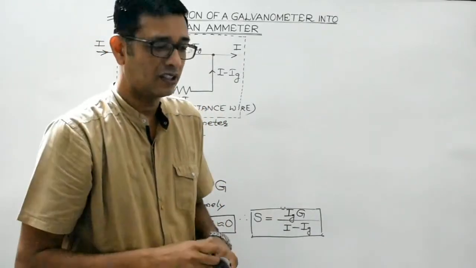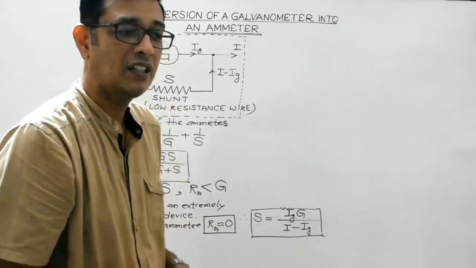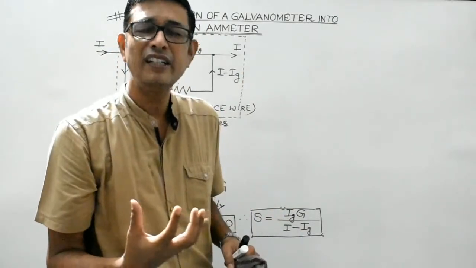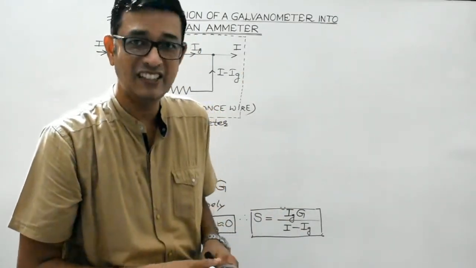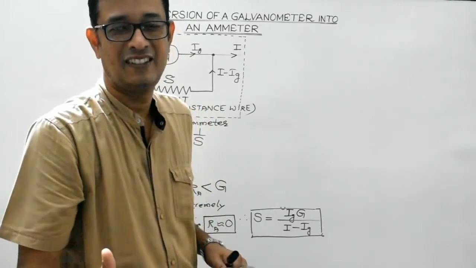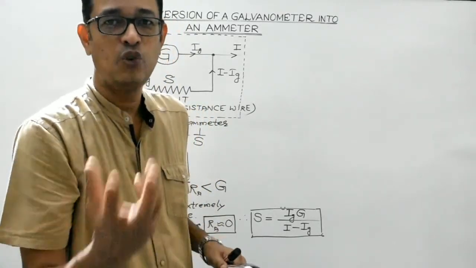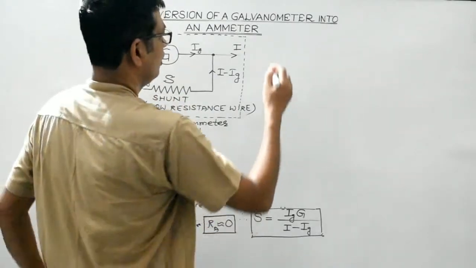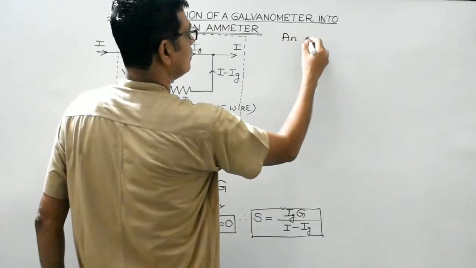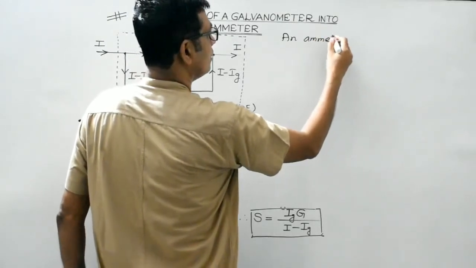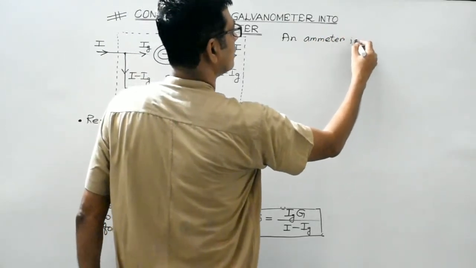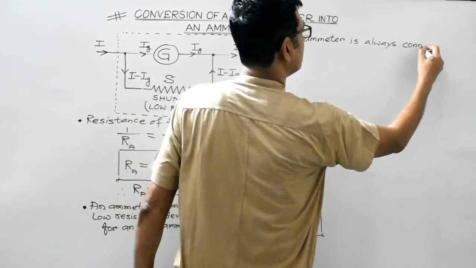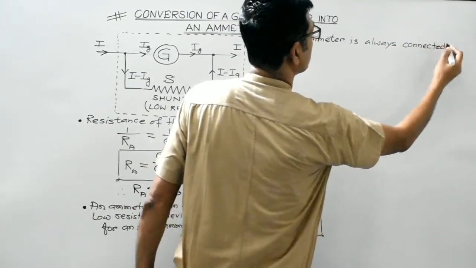We all are aware from junior classes that while connecting an ammeter in any circuit so as to measure current, it is always connected in series. But why? That's the question whose answer we will try to find logically, right? So an ammeter is always connected in series.